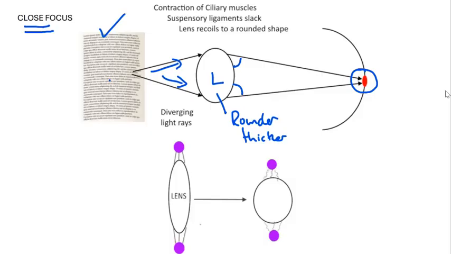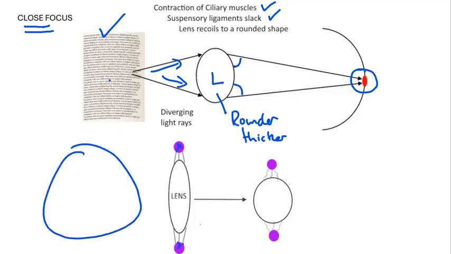Now, to achieve that, we have to contract the ciliary muscles. So these muscles here will contract, which means that the suspensory ligaments will become slack. Now, this is a difficult point to understand, so I'm just going to quickly draw the ciliary muscles here.